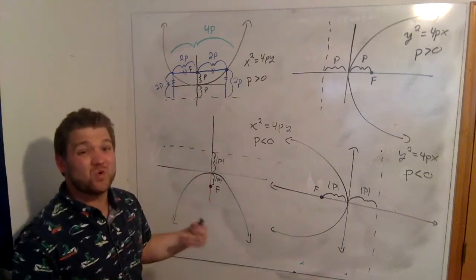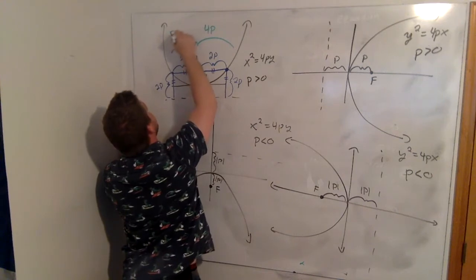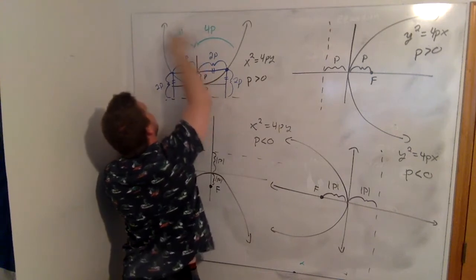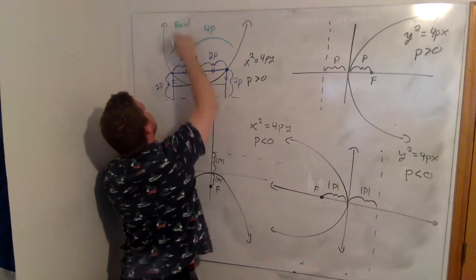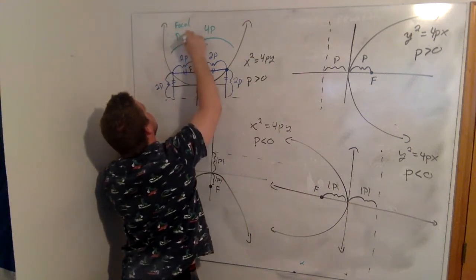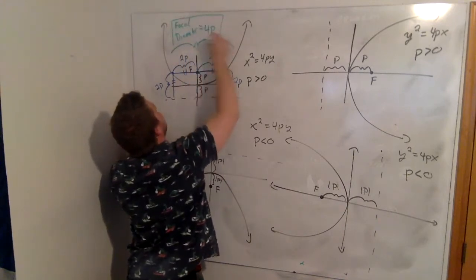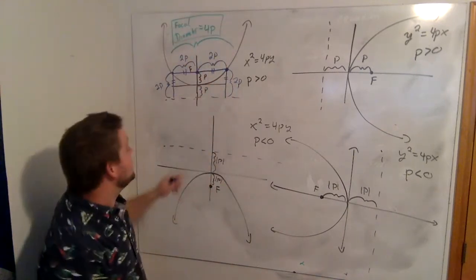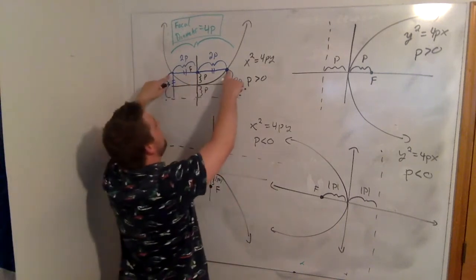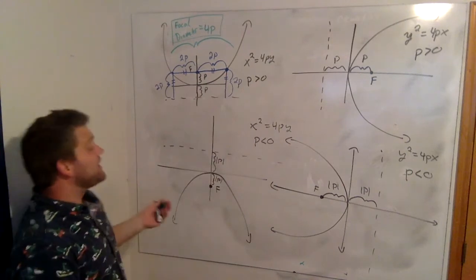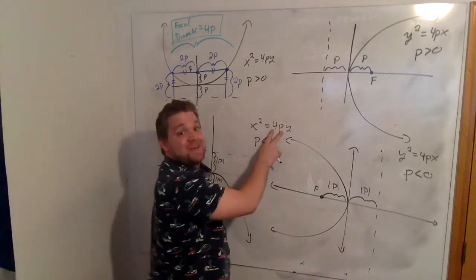It's called the focal diameter. The focal diameter is equal to 4p. The focal diameter is the length of the line that goes through the focus and its endpoints are on the parabola. And the focal diameter is equal to 4p, which is kind of cool because that piece shows up in the equation.